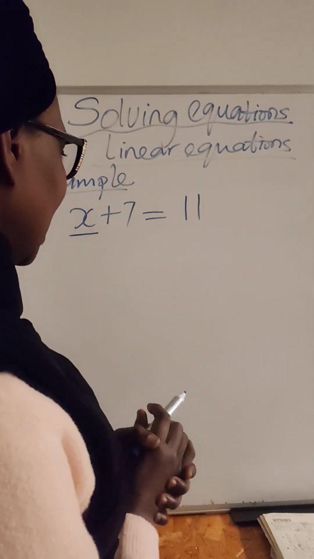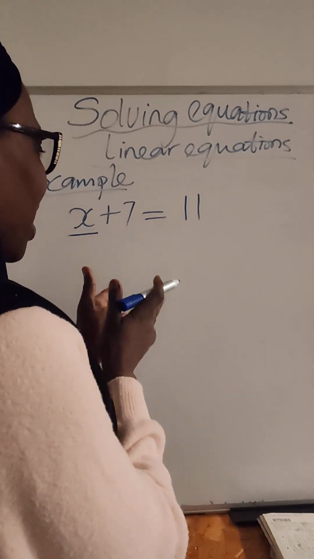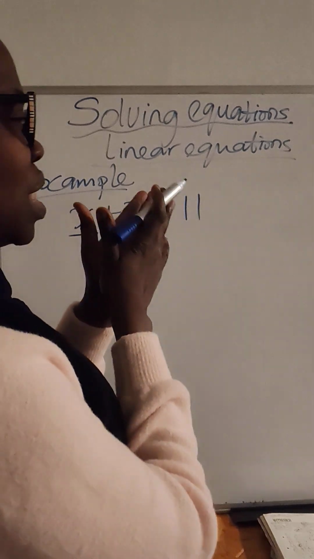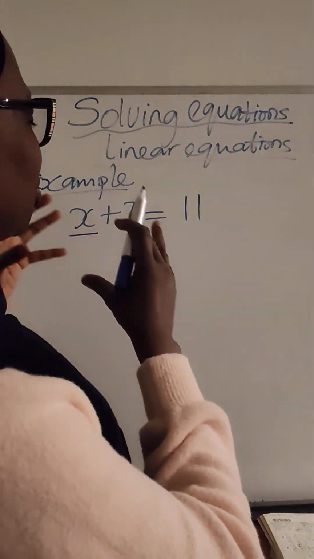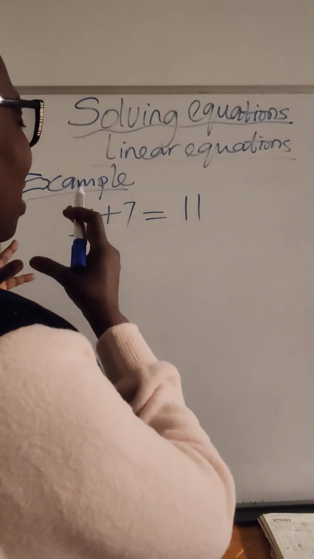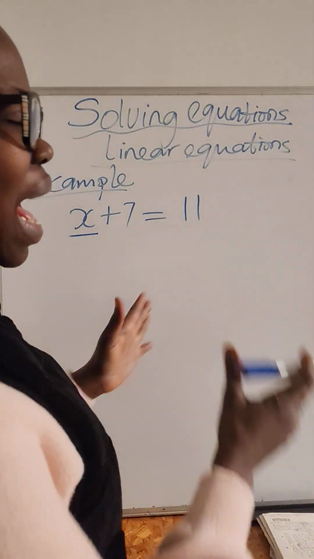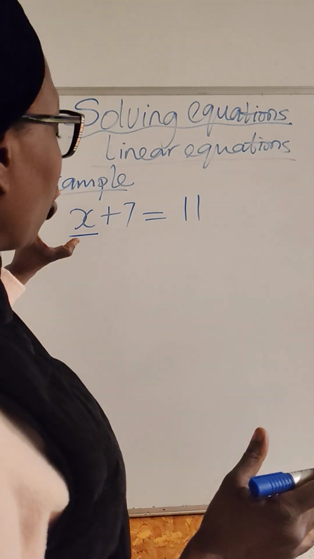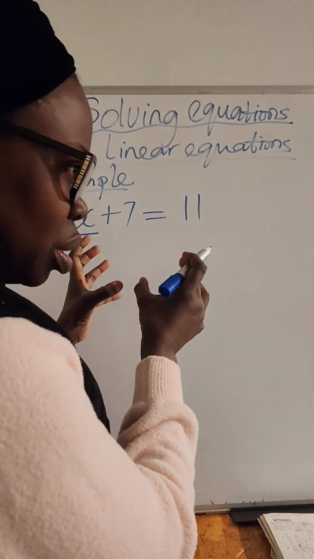So in this case, letter x is befriending number 7 additively. You want to do something that will take number 7 away from letter x, so that x, which is unknown in this question, will be known.